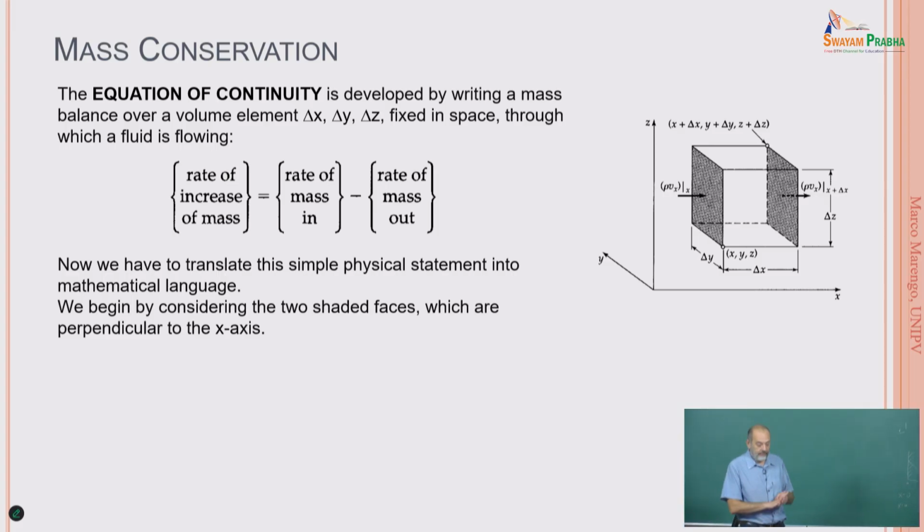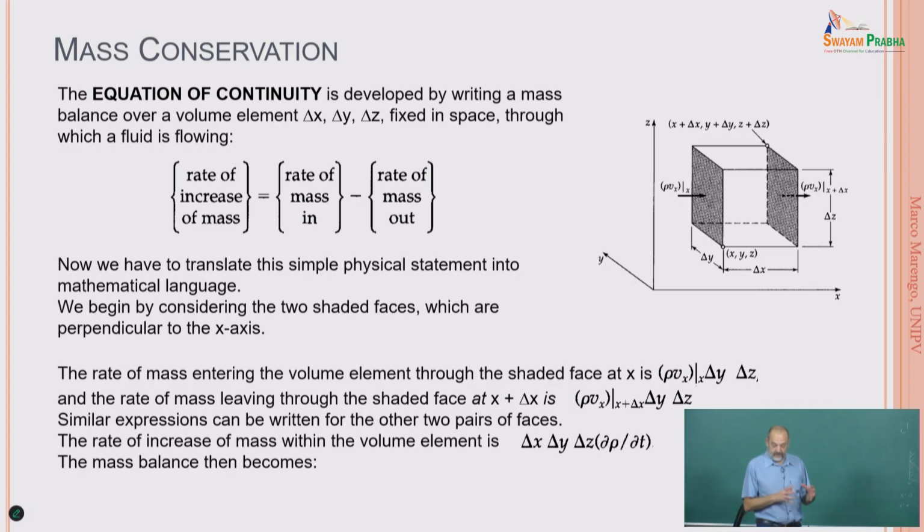The first balance is of course the mass continuity. Inside the volume, the rate of increase of the mass must be equal to the mass coming in minus the mass going out. Obvious, okay? Now we need to translate this sentence into mathematics. How can we do it?